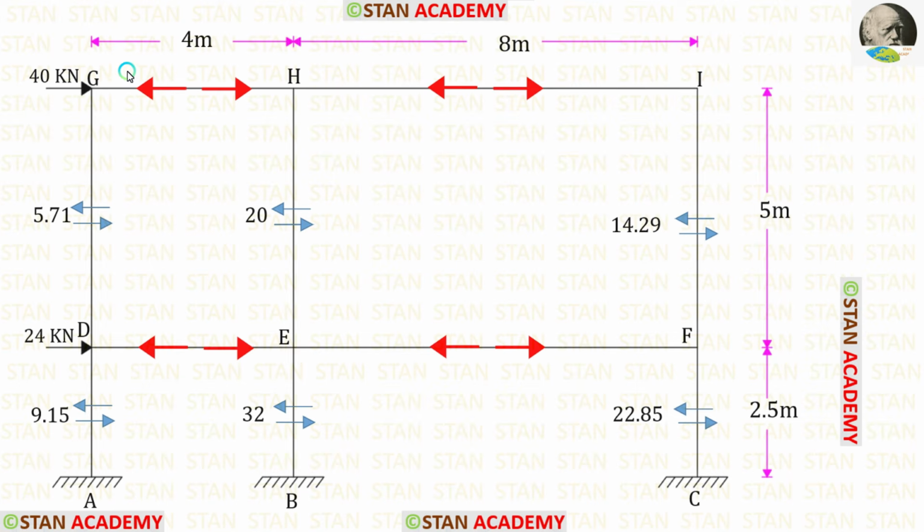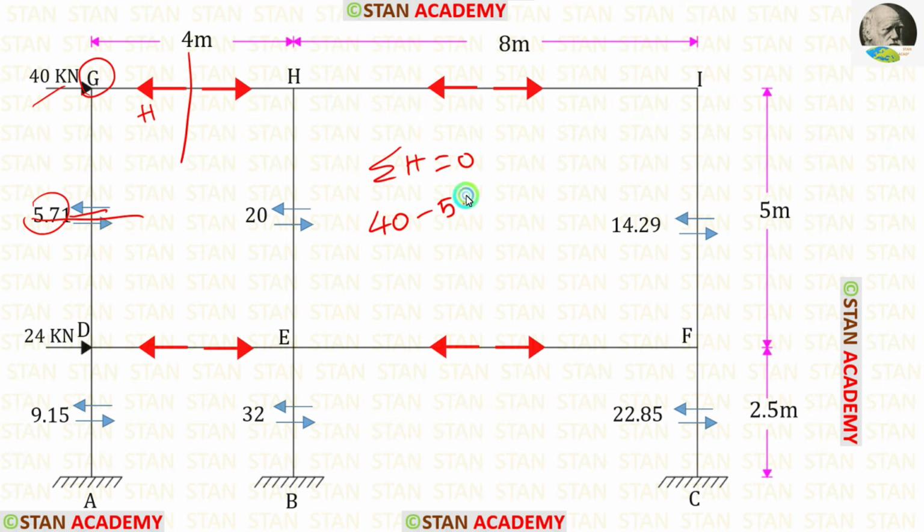Let us assume the axial forces in the beams are compressive. First, let us find the axial force in the member GH. Let us take the joint G. Let us name the axial force as H. Let us apply the rule sigma H is equal to 0. 40 is acting towards the right side, so that will be positive. 5.71 is acting towards the left side, so that will be negative.